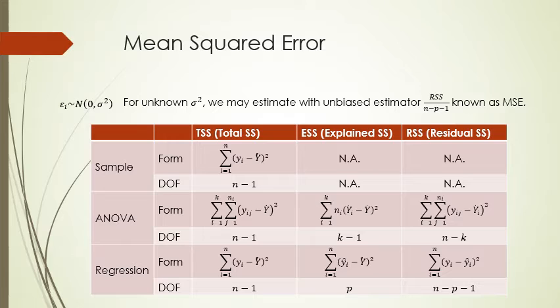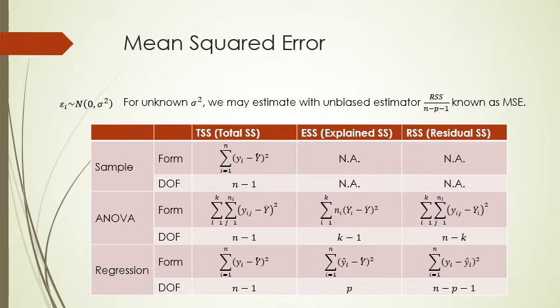In simple linear regression, S squared is RSS over n minus 2. Here we have n minus 2 degrees of freedom since we lost 2 degrees of freedom from the 2 parameters in y hat. In multiple linear regression, S squared is RSS over n minus p minus 1, and p is the number of independent variables.